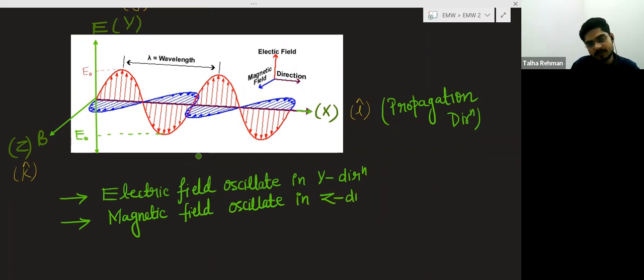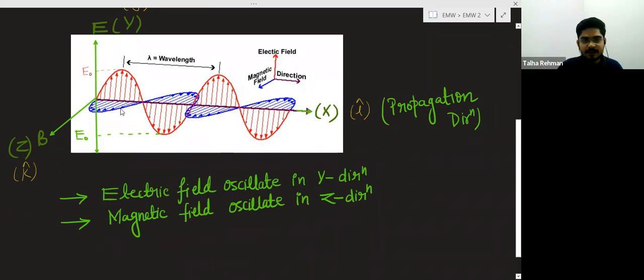Z direction. In the same way I have told you for the electric field, the same is the case for the magnetic field. Here the magnetic field is zero, then it is increasing, becomes maximum, then it is decreasing, then zero.